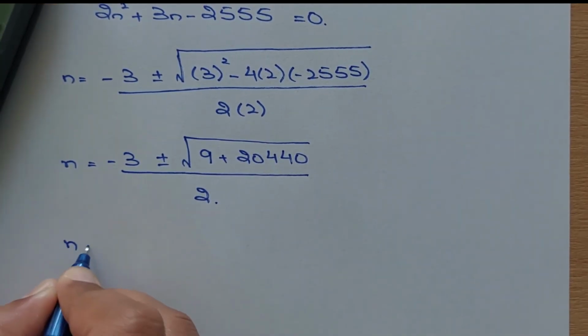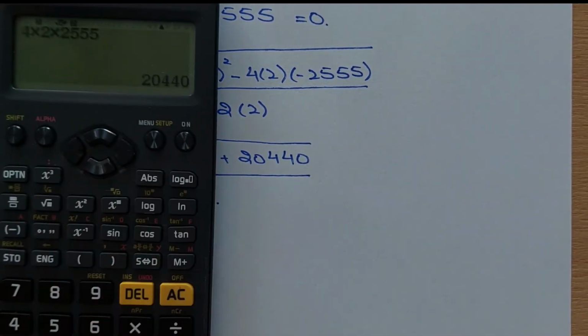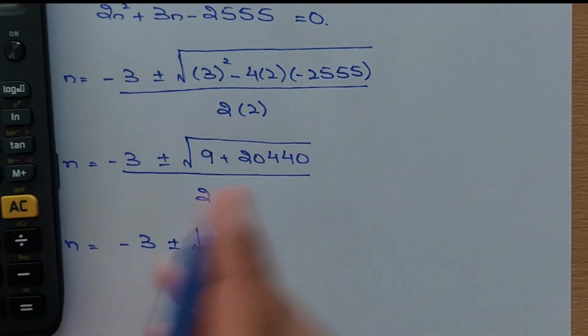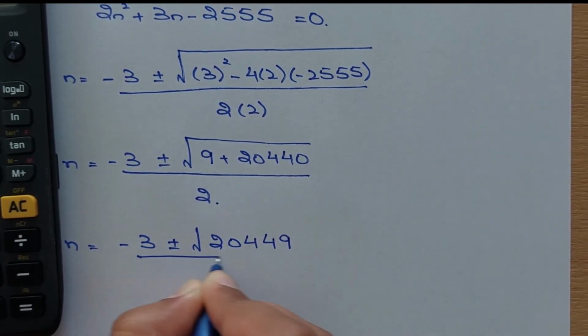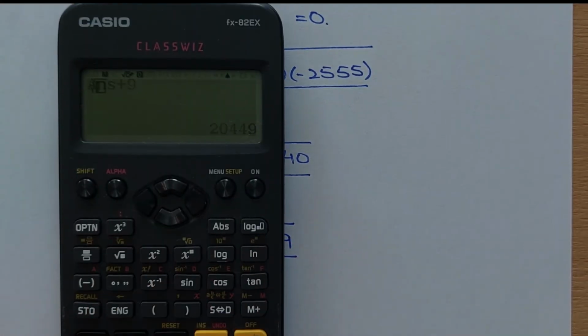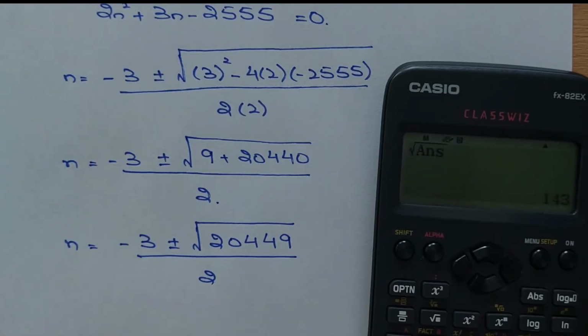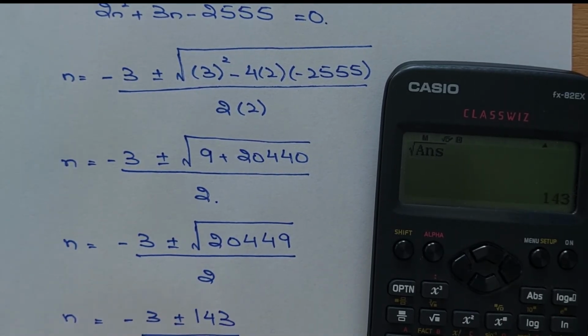Now the next step: n equals minus 3 plus minus square root of adding 9 and 20,440, that is 20,449, divided by 2. Doing the square root of the answer, we have 143. And it is minus 3 plus minus 143 divided by 2.